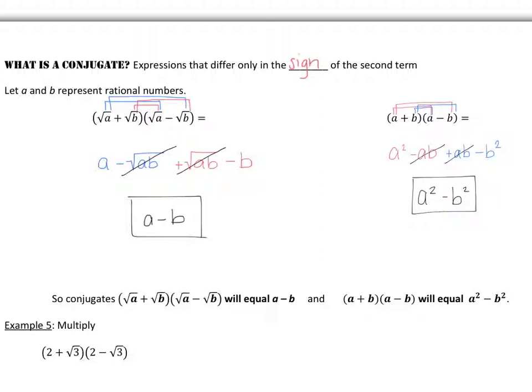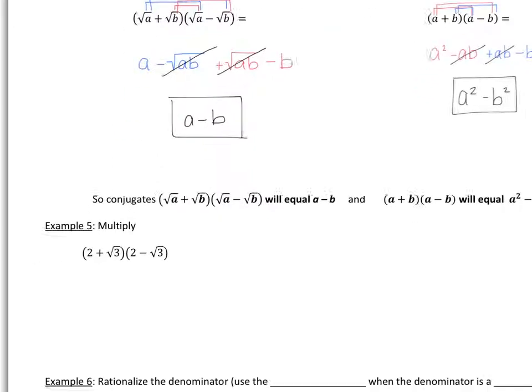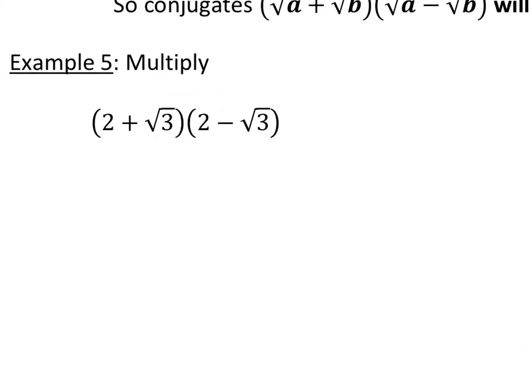Okay, so for example, example 5 down there. This is set up as A plus B, parentheses aren't very good, and times A minus B. So our answer should be A squared minus B squared.